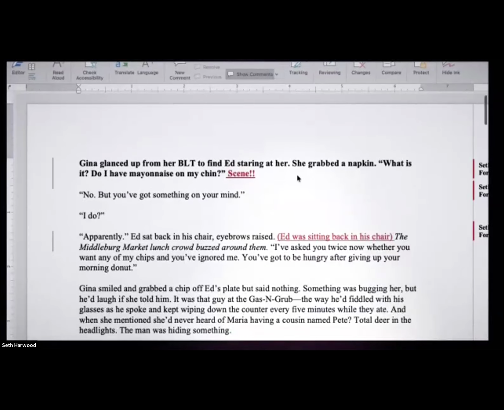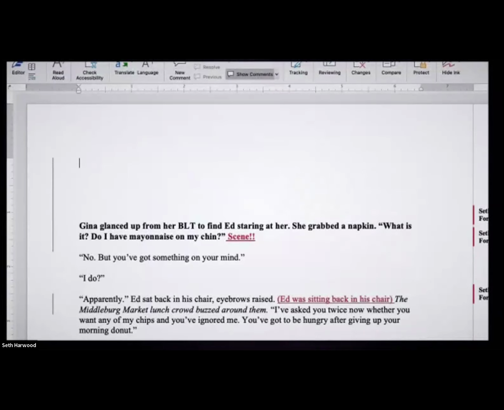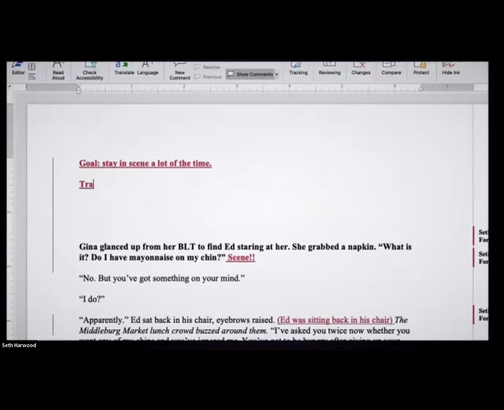Here's a really important thing that I'm going to write down. I want you to see this, so I'm going to write it down here. Your goal as a writer is to stay in scene a lot of the time, and transitions are when you jump out of scene to go to another scene.